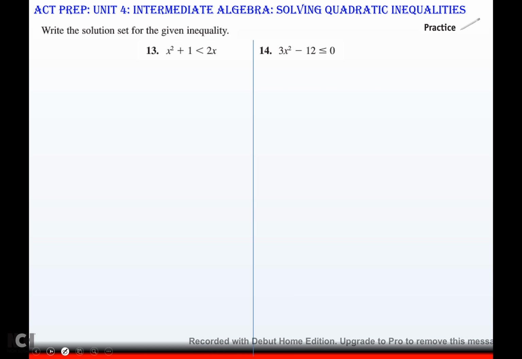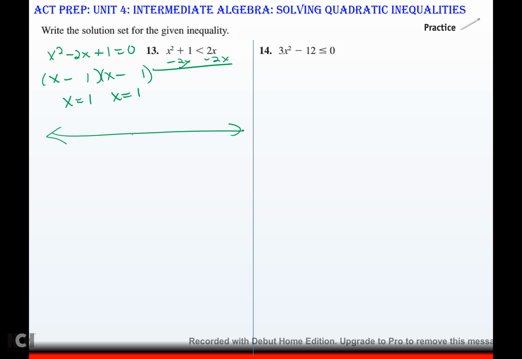We got to get in quadratic form, so minus 2x: x squared minus 2x plus 1 equals 0. Should be an easy factor. Factors of 1 that make 2. C is happy, so they both get the middle, which means I have a double root at x equals 1 and x equals 1. So if I look at 1, and it's not or equal to, and with one solution, that's less tests.